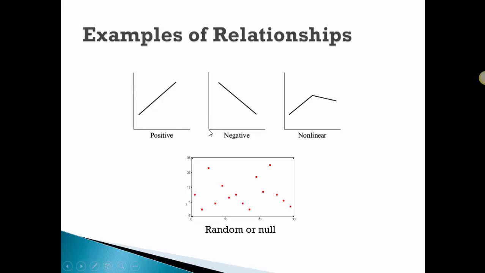In this case, if you put the unemployment rate on the x-axis, as the unemployment rate increases, what happens to the median family income? It goes down. Nonlinear. Starts here, goes up, and then goes back down. Or it could start high, go low, and then come back up. And then this is what we call a random or a null pattern. There's no pattern in here. As x is increasing, we can't generally say y is increasing, decreasing, or have a nonlinear relationship.